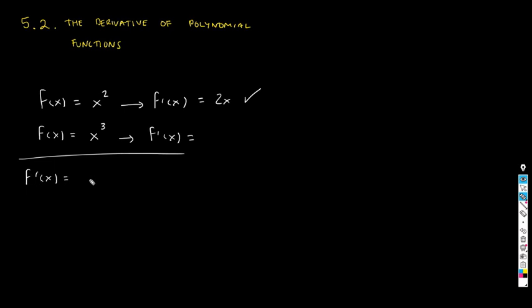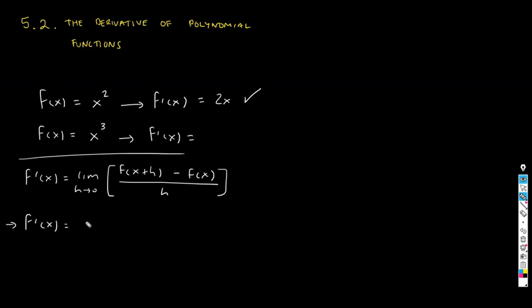The derivative is going to be given by the limit as h goes to 0 of the quotient, this one, right? And that's it. And all I need to do now is go along with the process. F prime of x, or the derivative of f at x, is going to be equal to, I'm going to write this long L in order to represent all of these symbols, okay?